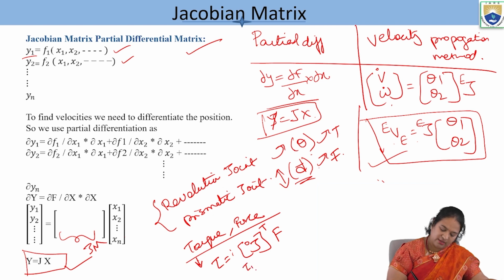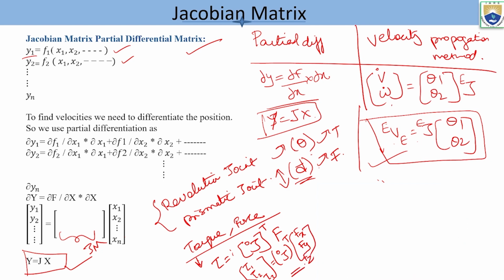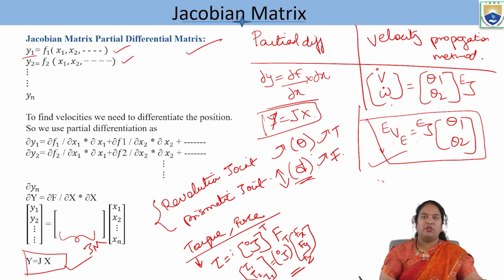It is nothing but T1, T2, T3, that is torque 1, torque 2, torque 3, is equal to the Jacobian matrix transpose into the force along the x-axis, force along the y-axis, and force along the z-axis. So this is how you find out the torque and the force of any particular robot's manipulator end effector.